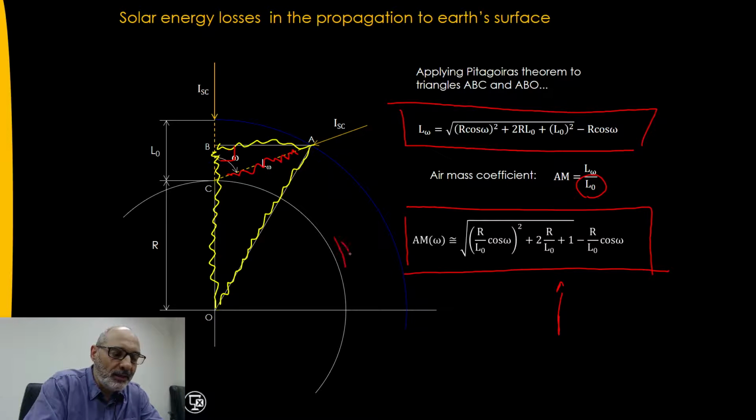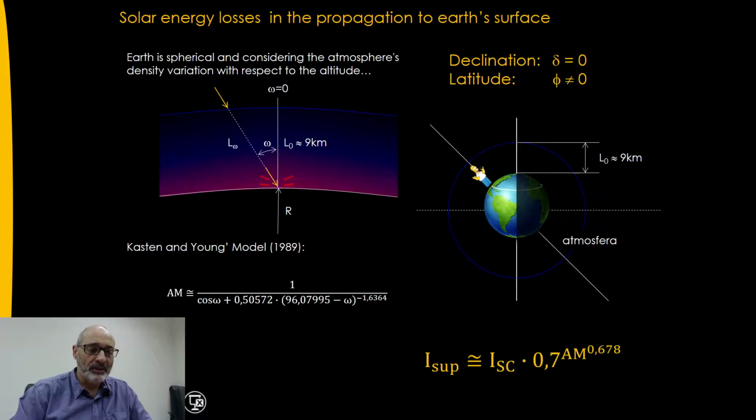We know it's not. We know the density in these lower layers is greater than the densities in the upper layers. So the density of the atmosphere varies, the temperature also varies, so the absorption is not the same depending on the altitude. So you can take this into account.